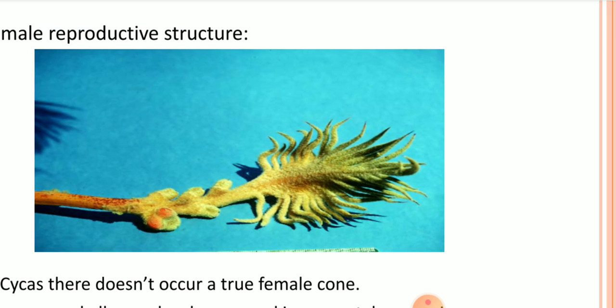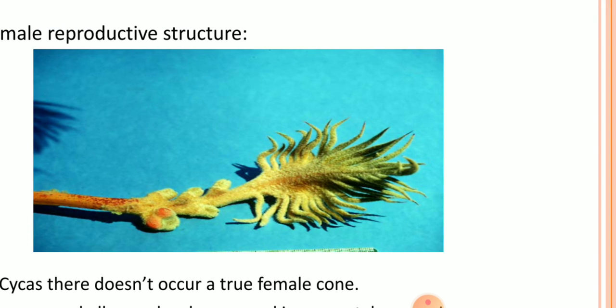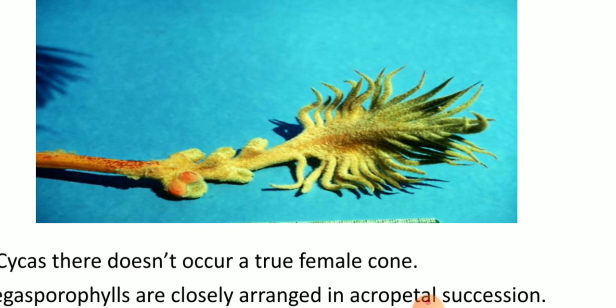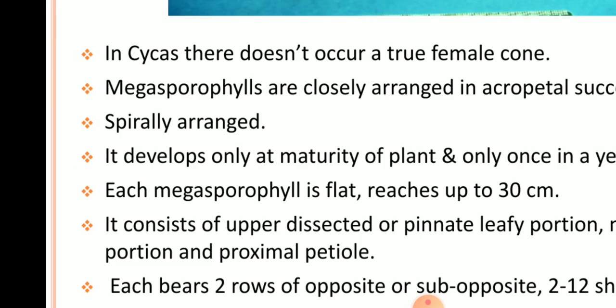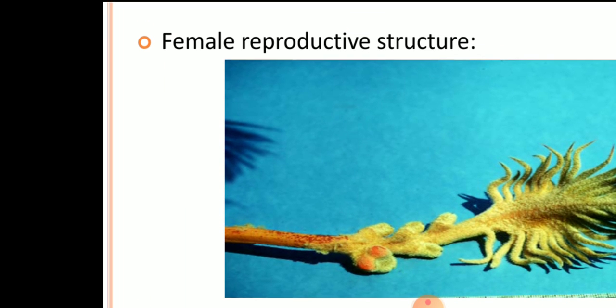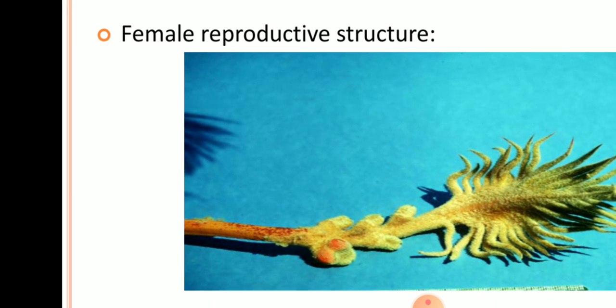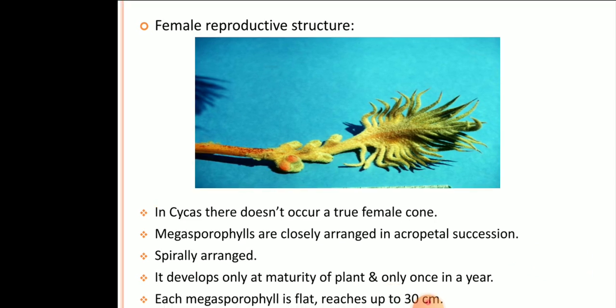So this is the megasporophyll, and this is the tip, and in each megasporophyll you will find 2 to 12 ovules produced. The red color ones are the ovules they produce in the structure.